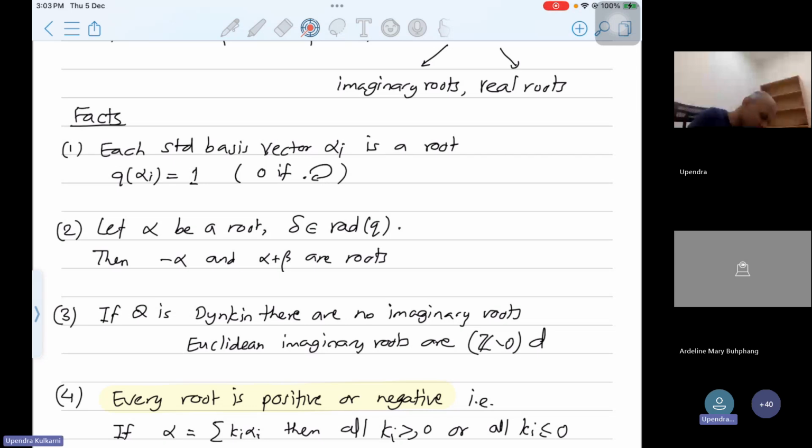Sorry, this is a mistake. There is no beta. There is a delta. So what is Q of alpha plus delta? That is Q of alpha plus Q of delta, which is the general formula we are going to use once again, and then plus the form of alpha and delta.